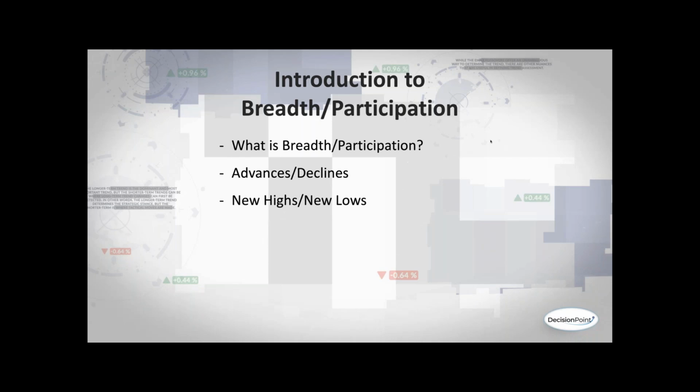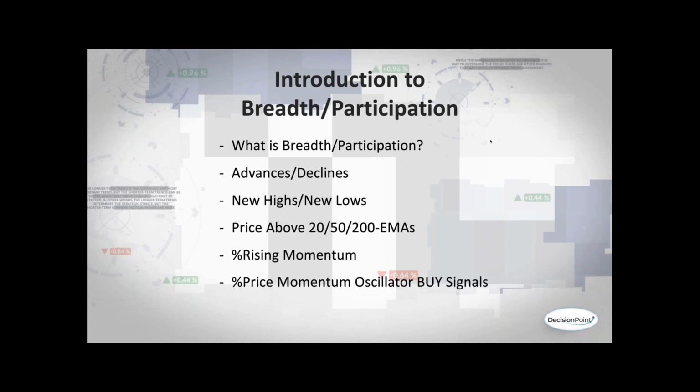All right, so introduction to breadth and participation. We're going to talk about what is breadth and participation. We're going to look at advances, declines, new highs, new lows, price above the 20, 50, and 200-day EMAs, percent rising momentum, percent PMO. We use our price momentum oscillator, so percent PMO buy signals.